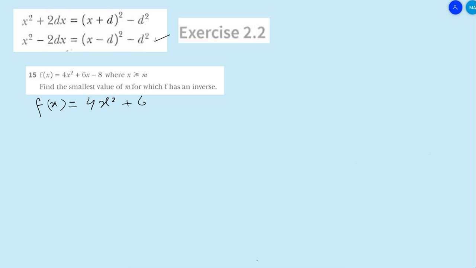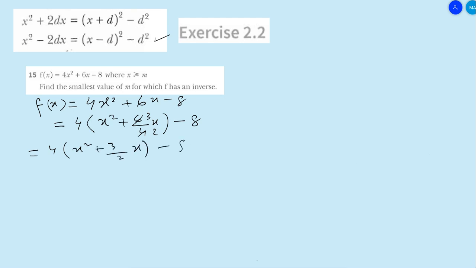4x² + 6x − 8. In order to have the coefficient of x² be 1, I am taking 4 common from the first two terms. So this is x², and this should be 6 upon 4x, and the −8 remains. Cancel this by 2: 2 3s are 6, 2 2s are 4. So 4 into (x² + 3/2 x) − 8.